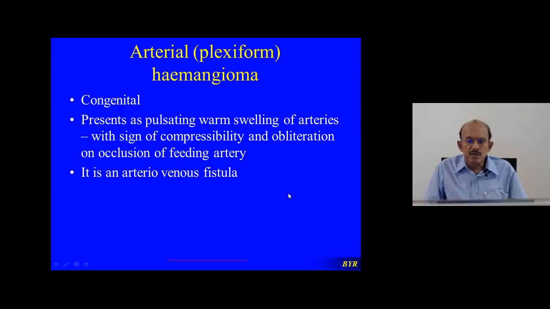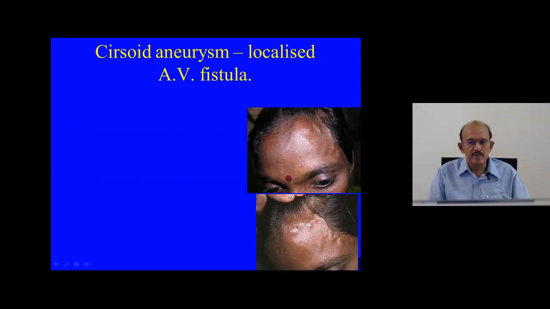An arteriovenous fistula is actually formed by arteries and veins, but on palpation you will feel all the vessels are thick walled and pulsating. So you will mistake them to be all arteries, but in fact they are not. It is an arteriovenous fistula where veins are becoming like arteries.